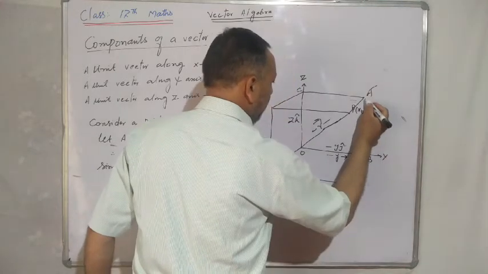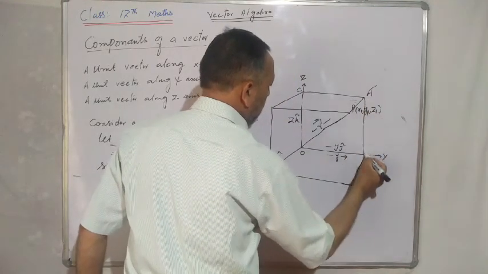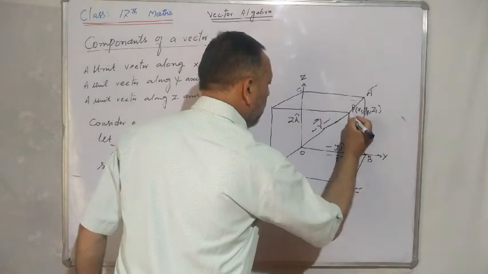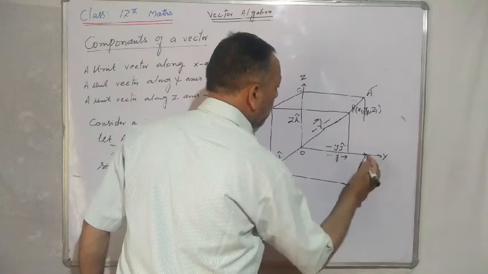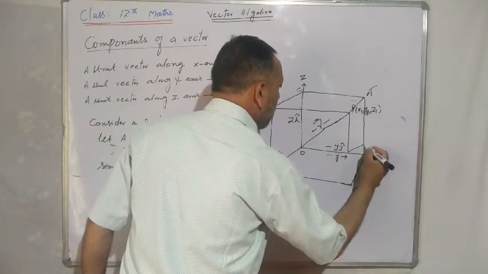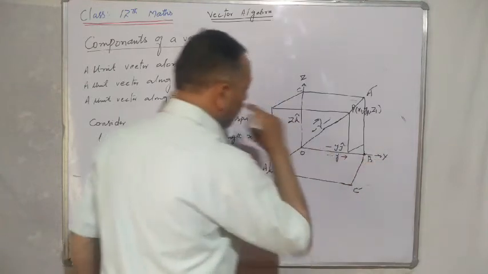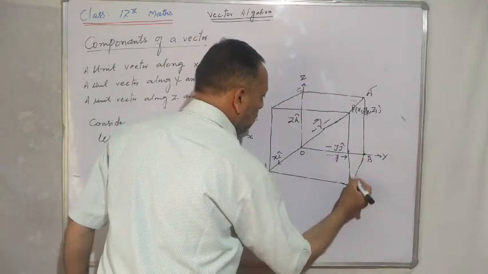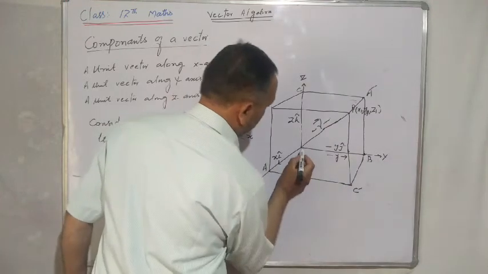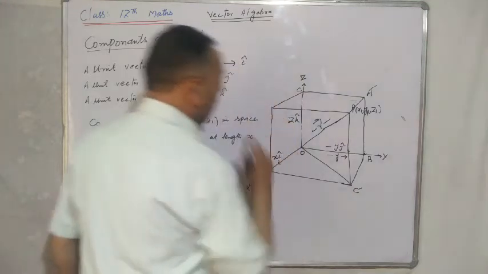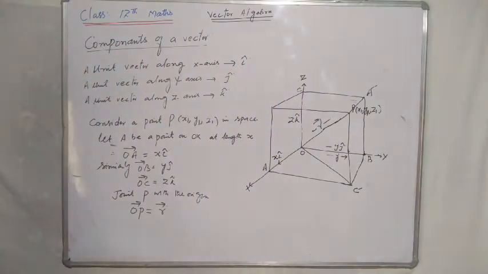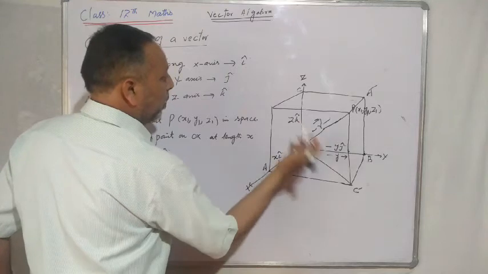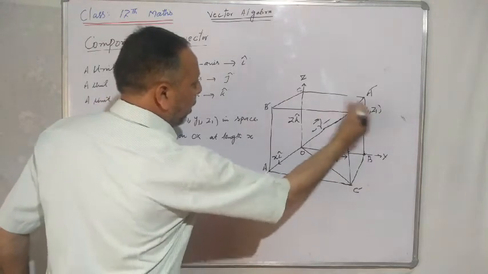This is A dash. Now you complete the parallelograms OAC dash B and OAB dash C, and all these parallelograms you complete.